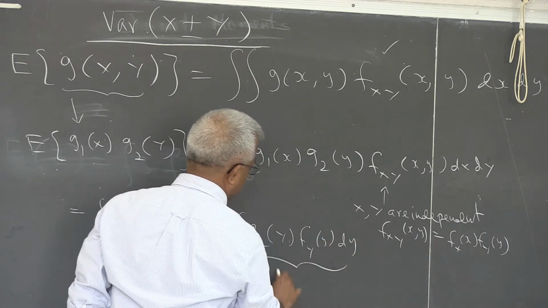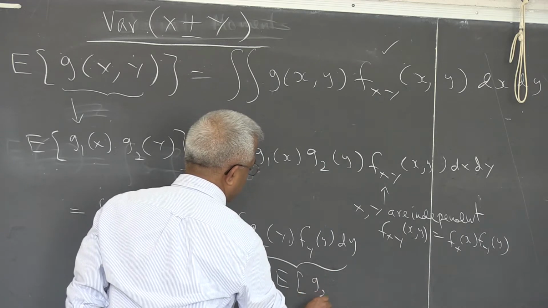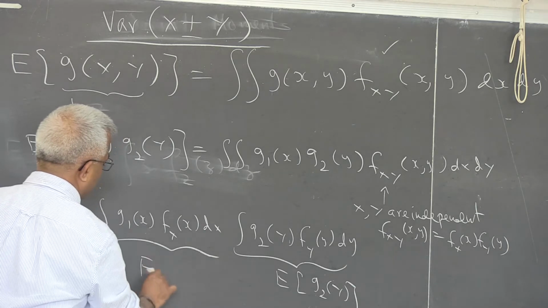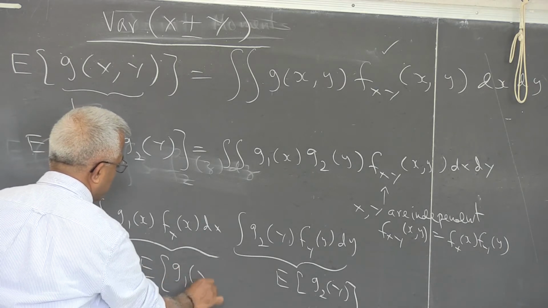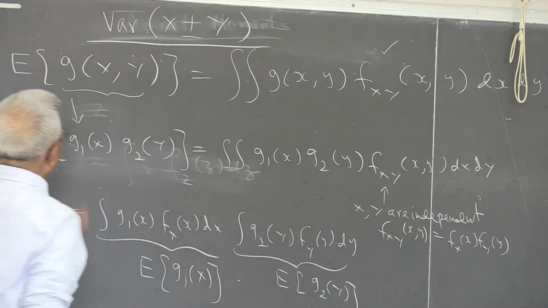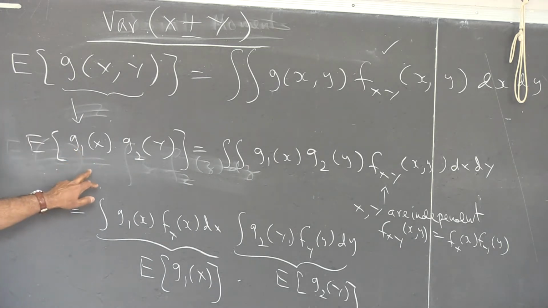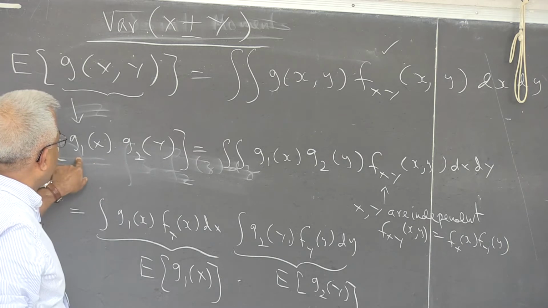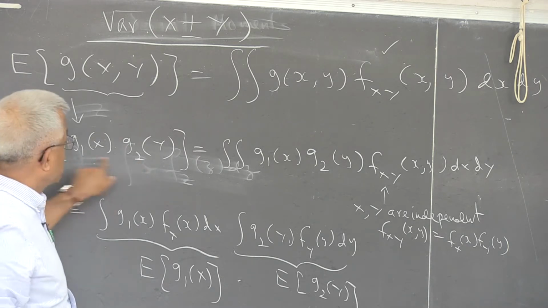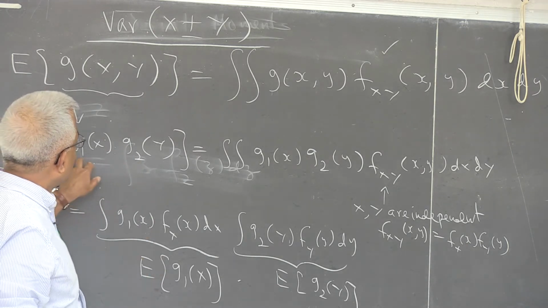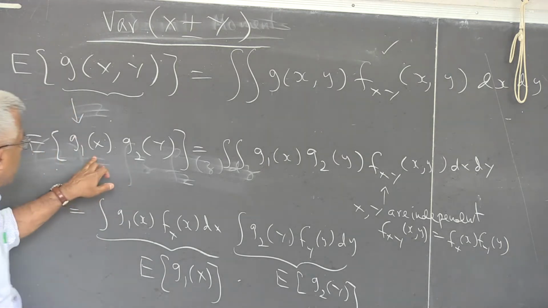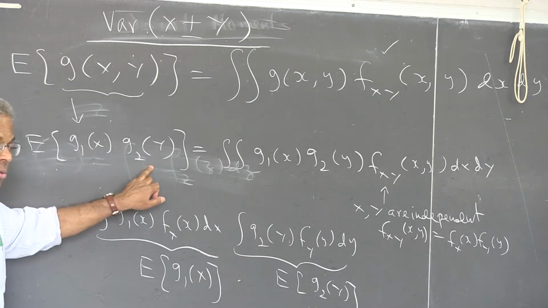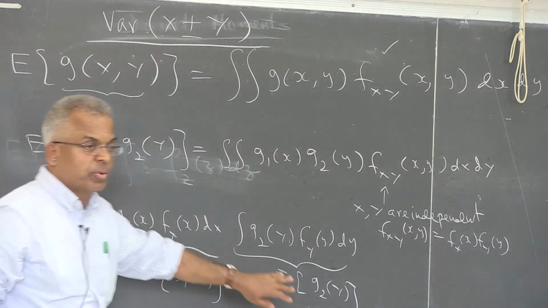But this is the expected value of g2(y), and this is the expected value of g1(x). So this is an interesting result by itself. If x and y are independent, the expected value of the product, so long as each of the functions involves the random variables separately as g1(x) and g2(y), is the product of the expected values.